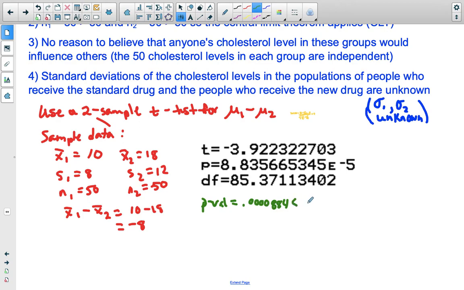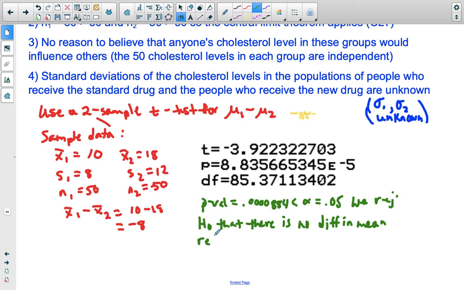That is clearly less than our significance level 0.05, which means we reject the null hypothesis that there is no difference in mean reduction between the groups.